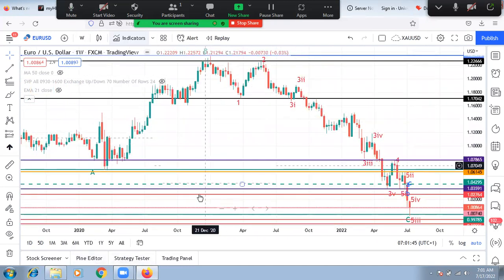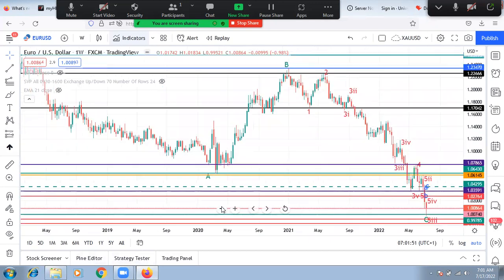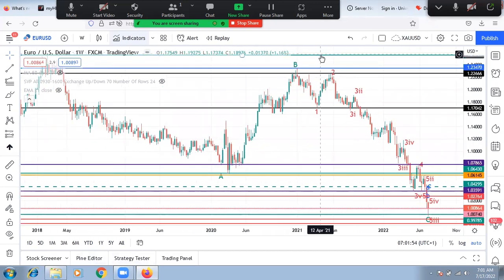Okay, so this is the weekly time frame, so you can see the origin of A is from the top here. You can see that's the origin of A. Then the end of A. Then this end of A marks the origin of B to the end of B in blue here.